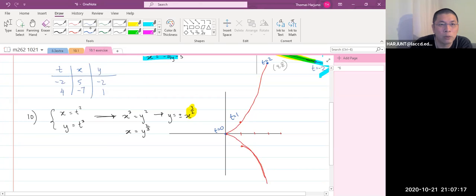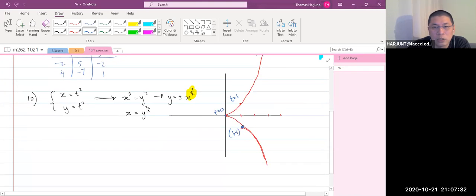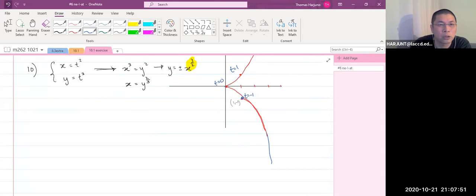Now the thing is, what happens when t is negative? Let's say t is negative 1. Then it will be (1, -1). There will be 2. This is t equals -1. When t equals -2, it will be somewhere down here.